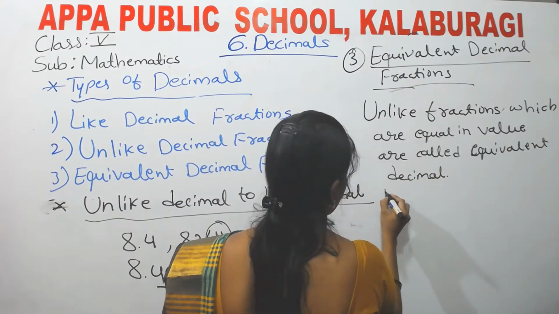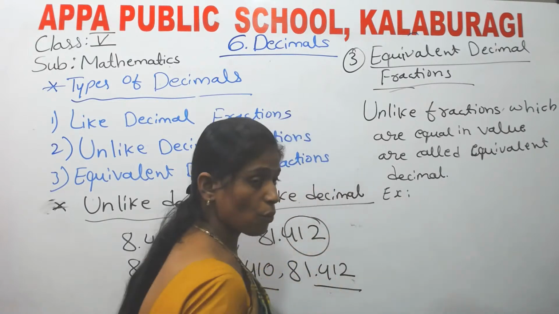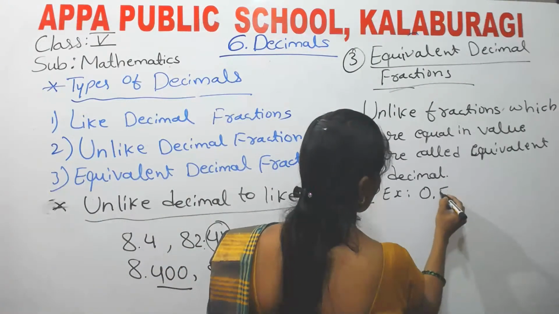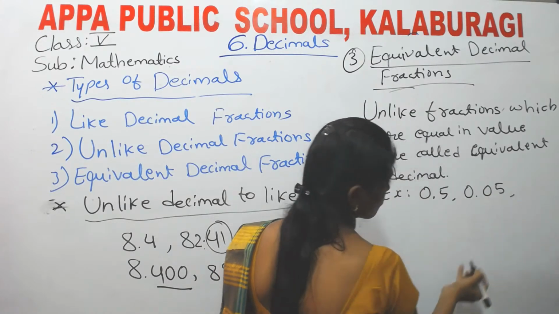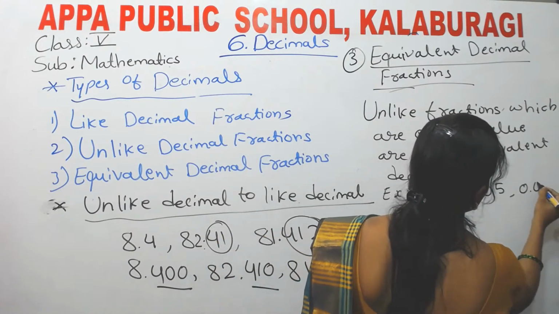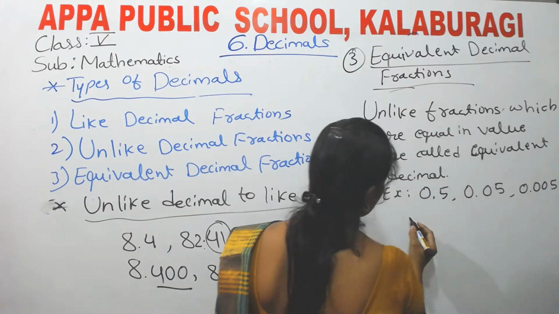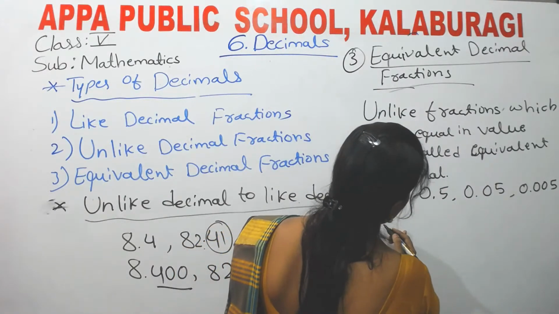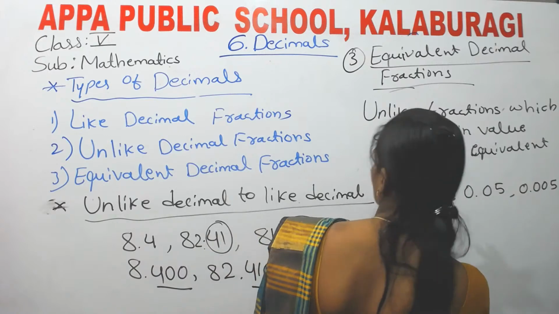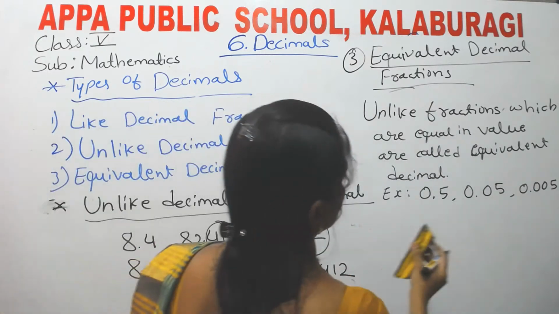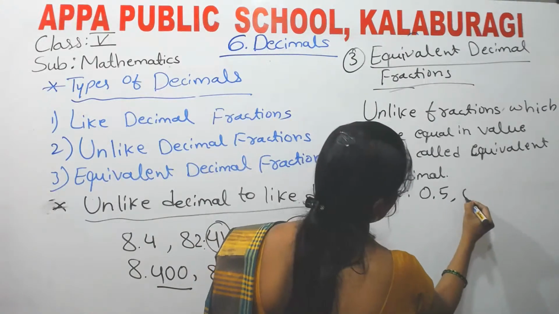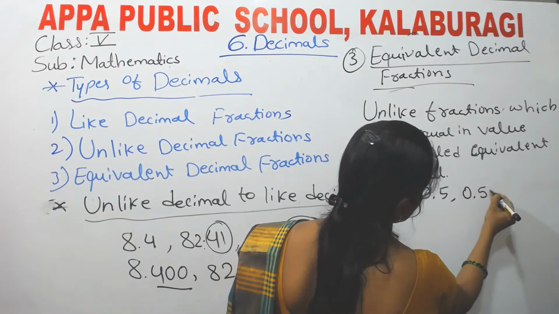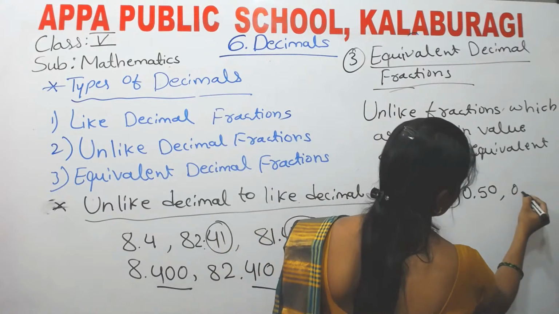Okay, for example, 0.5, 0.50, and 0.500.